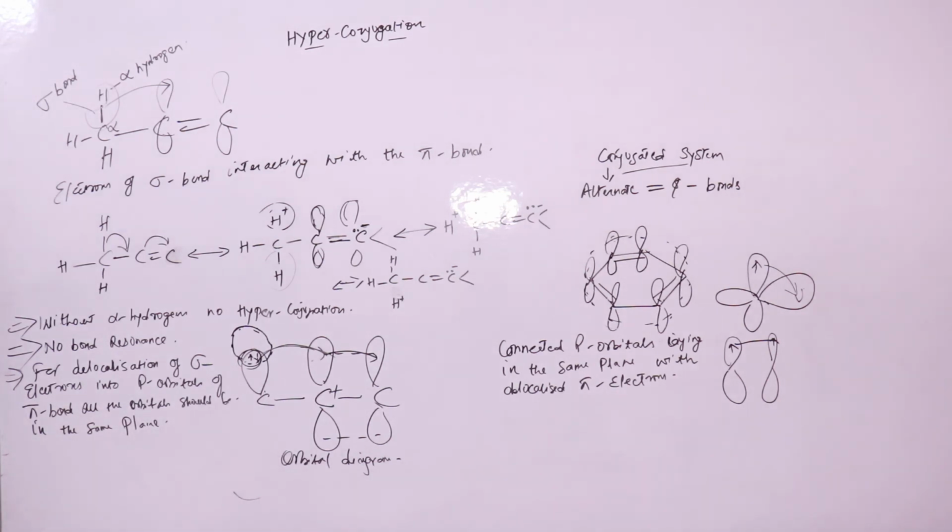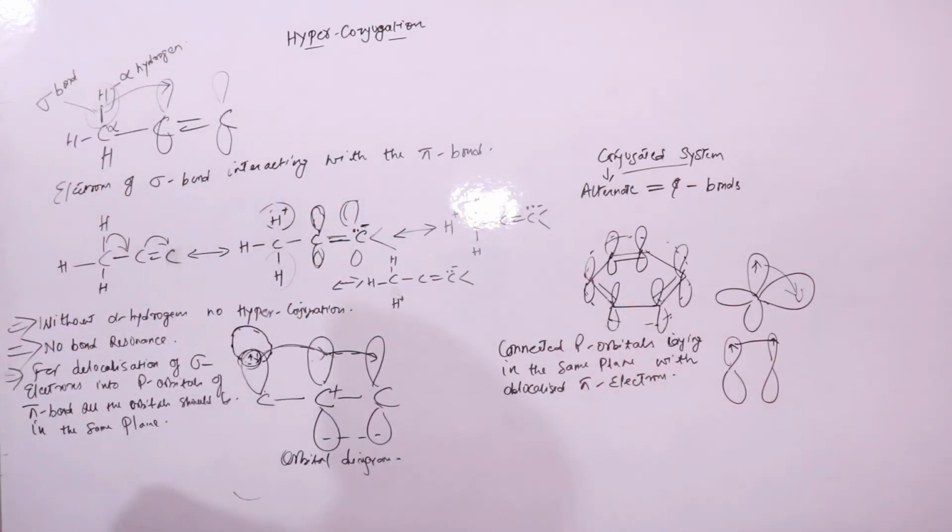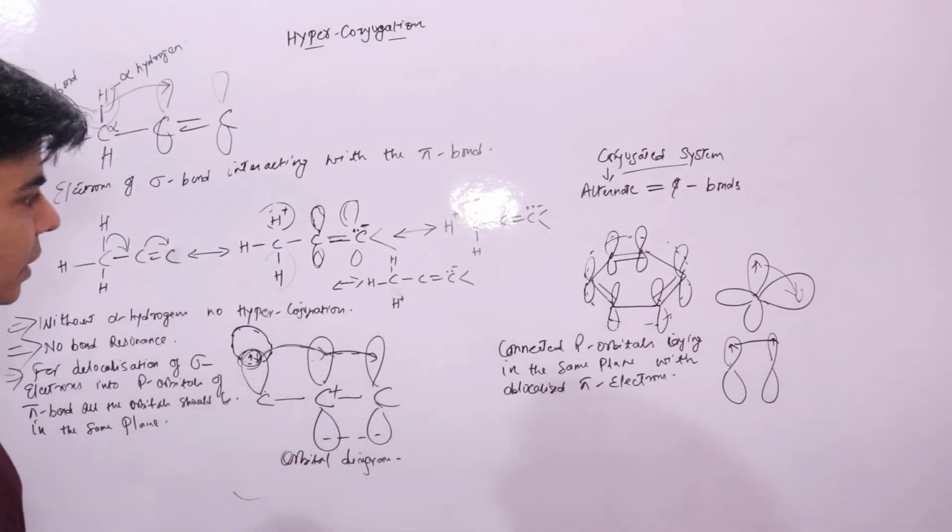This is an important effect. Just remember what it is, just know what conjugation is. As I said, hyperconjugation is due to alpha hydrogen atoms. Without alpha hydrogen atoms there would be no hyperconjugation. So the more alpha hydrogen atoms, the more hyperconjugation activity.